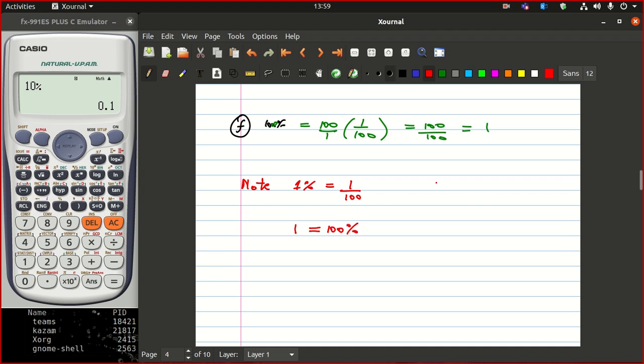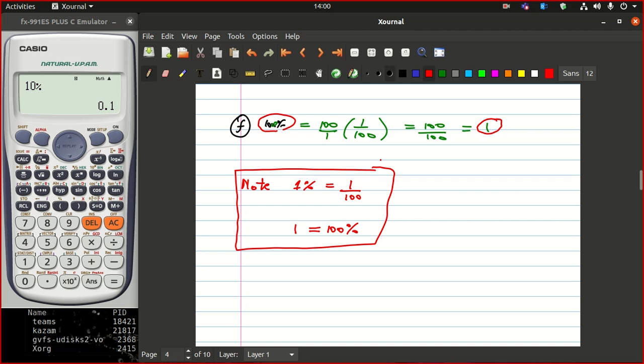That is what is happening here, because this value here is 1 and this one here is actually 100%. So 100% is the same as 1 and 1% is the same as 1 over 100. This is something that you always have to keep in mind, so that you can convert from a percentage to a fraction, and also convert fractions to percentages.